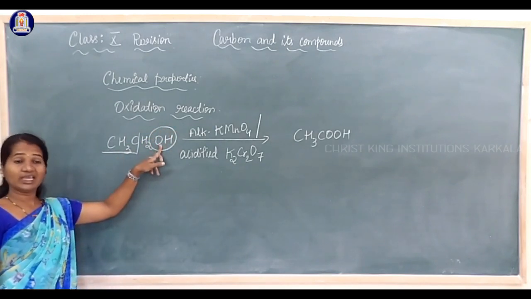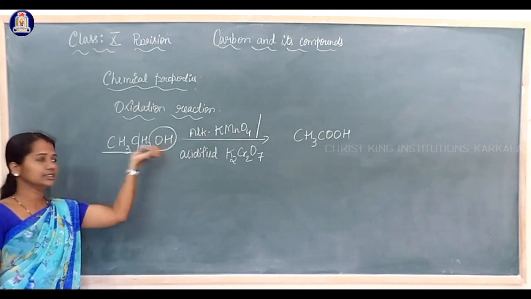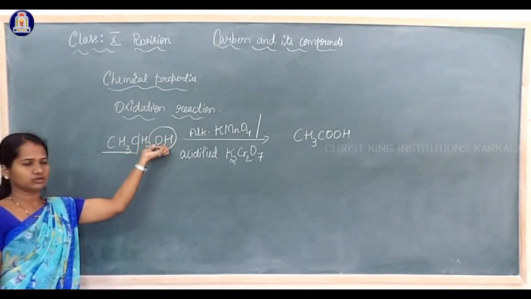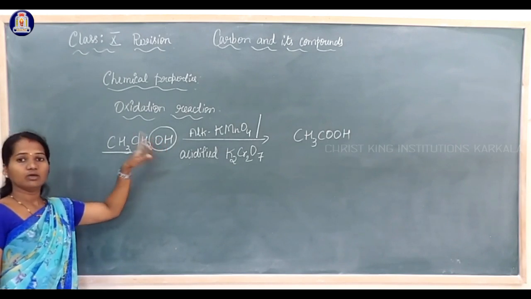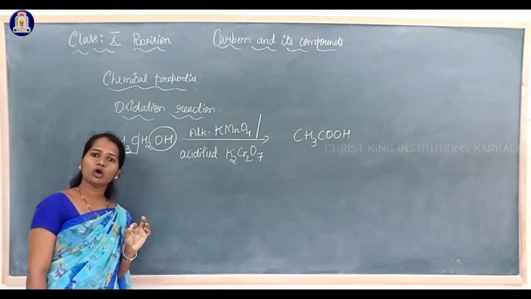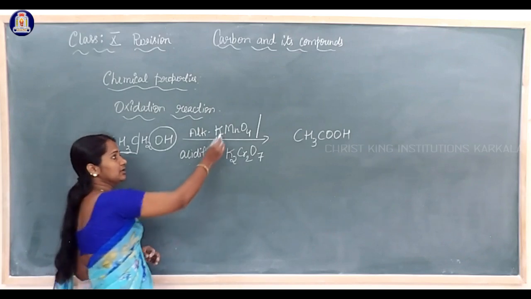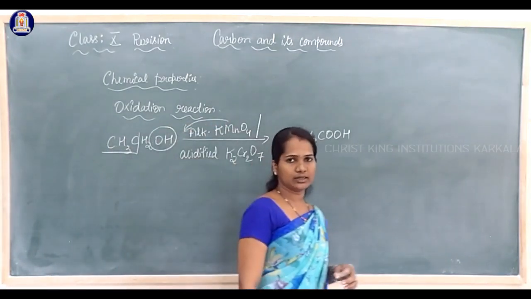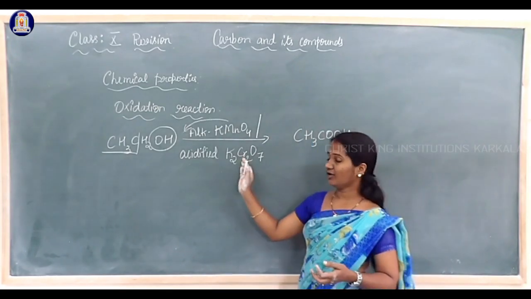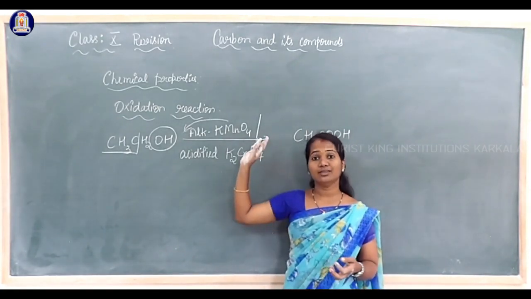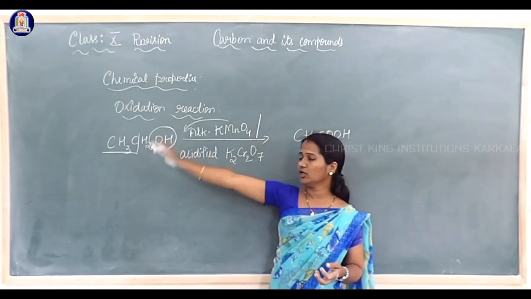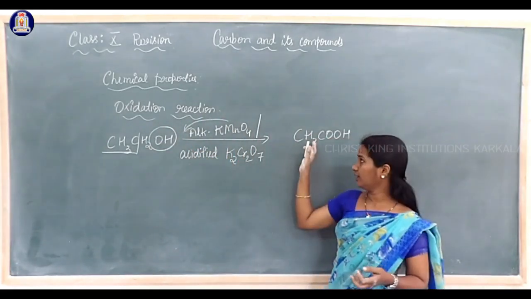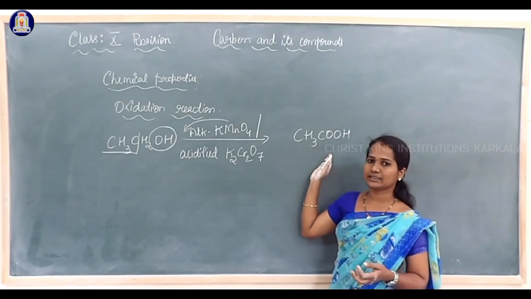From where does it get one more oxygen, CH3COOH? Alkaline potassium permanganate or acidified potassium dichromate give their oxygen to ethanol. So ethanol gets oxidized to ethanoic acid.